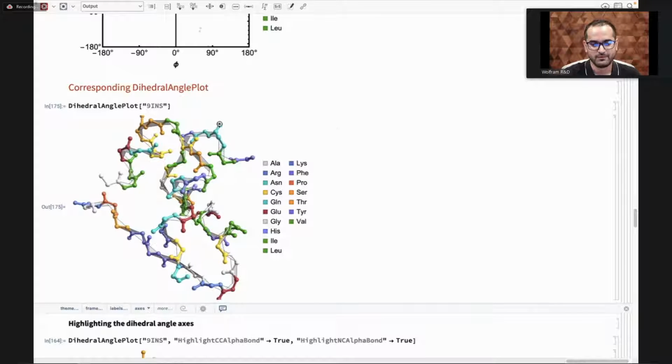If you hover over a specific atom, you can see not only the residue information, but also the specific value of the dihedral angle. This will help you, or help you teach students, understand where this value of dihedral angle is coming from in the context of protein backbones.